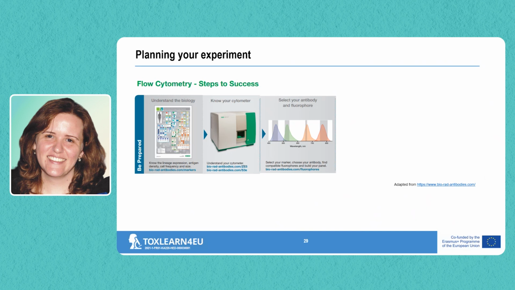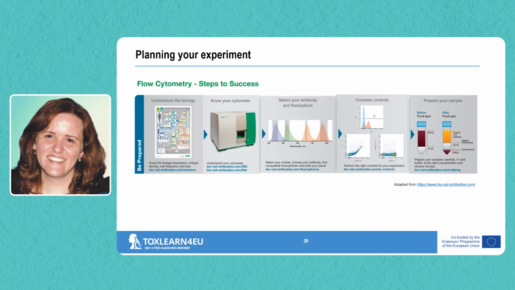Then you need to select your antibody and your fluorochrome, and you need to consider your controls, and then you need to consider your sample. I think that we ran all these steps throughout these presentations, and that you have a little bit more understanding about what is flow cytometry and what you need to consider when you implement one assay.